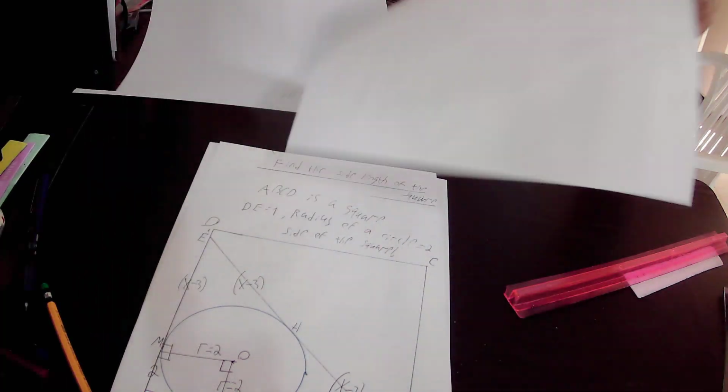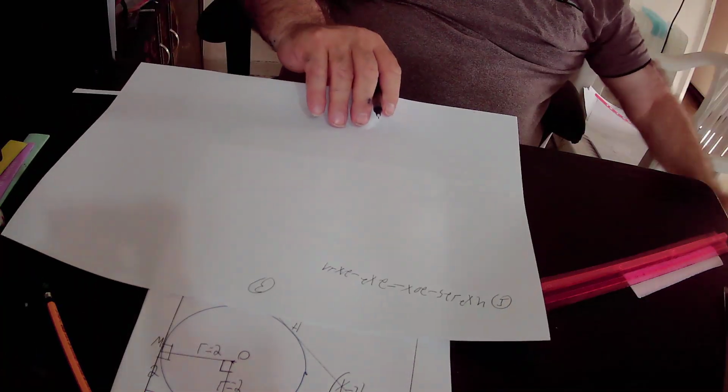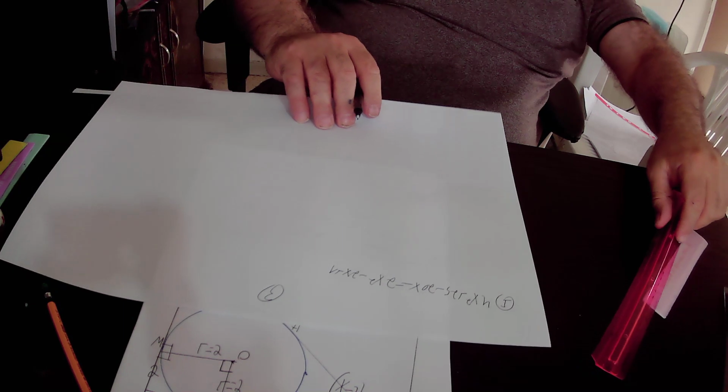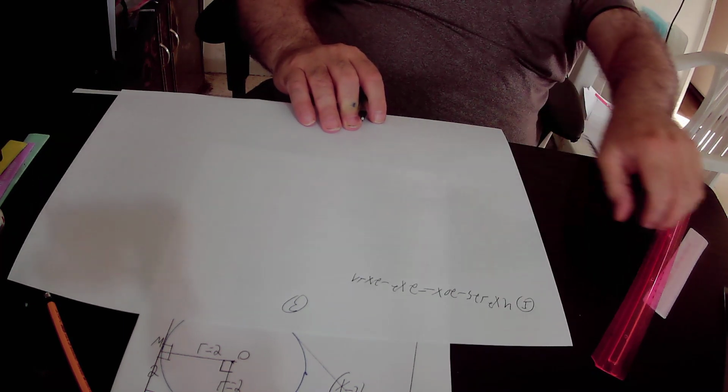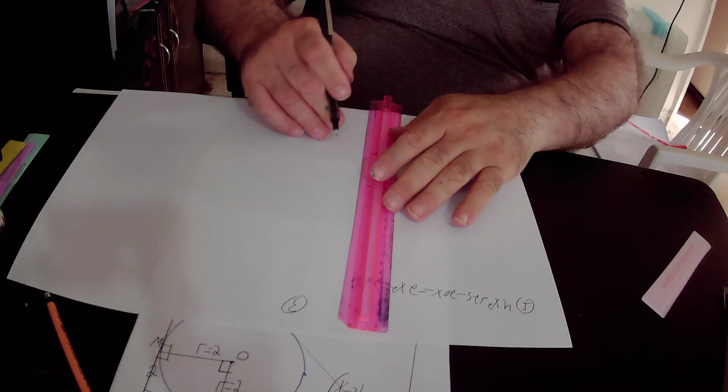I'll repeat again: according to equation number 1, 4x squared plus 25 minus 20x equals 2x squared minus 2x plus 1.